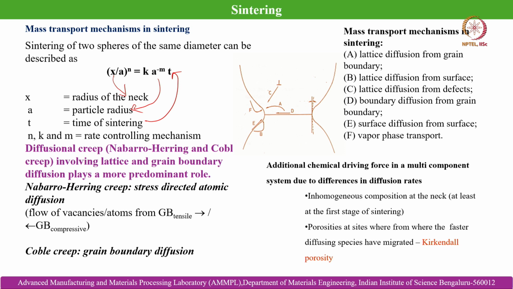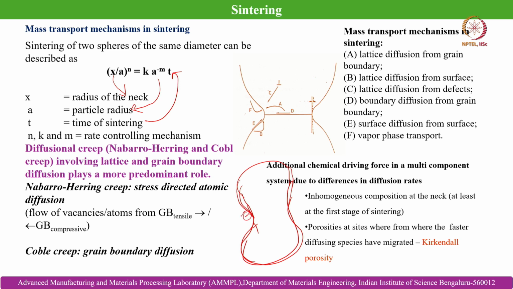So, Nabarro Herring creep is stress directed atomic diffusion. In this case there is flow of vacancies and atoms from GB tensile. One thing to remember here: we are talking about neck formation between neighboring powder particles. You can see there is a concave region and there is a convex region. The stress generated, which can also be called sintering stress, between the neighboring powder particles, in the concave region is mostly tensile in nature, that means positive, and in the convex region it is compressive in nature, so it is negative.